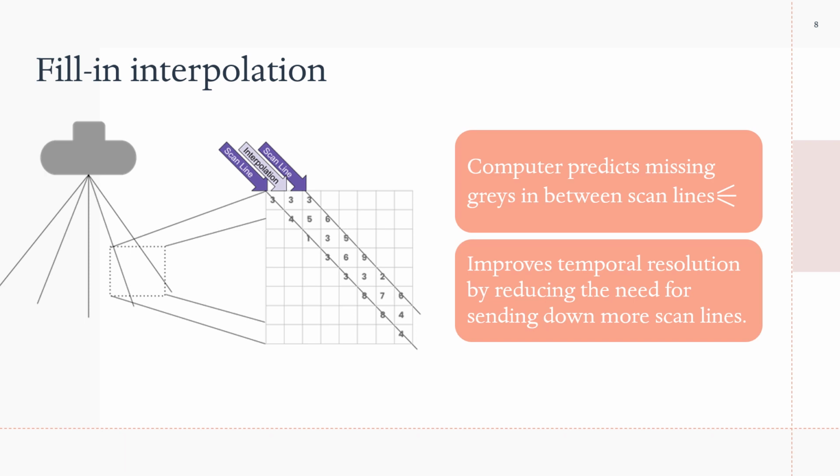This also improves temporal resolution by reducing the need for sending down more scan lines. So instead of sending more scan lines down, making the picture lag even more, it just fills in those missing pieces, therefore making temporal resolution better and less laggy.